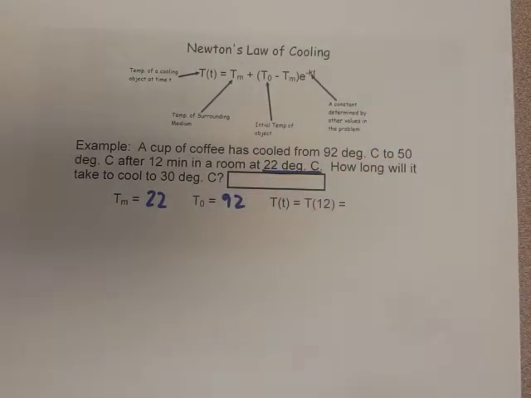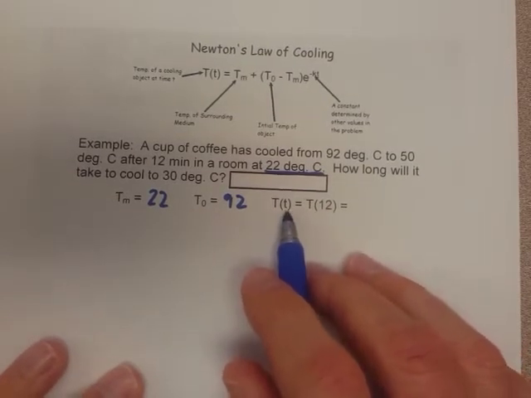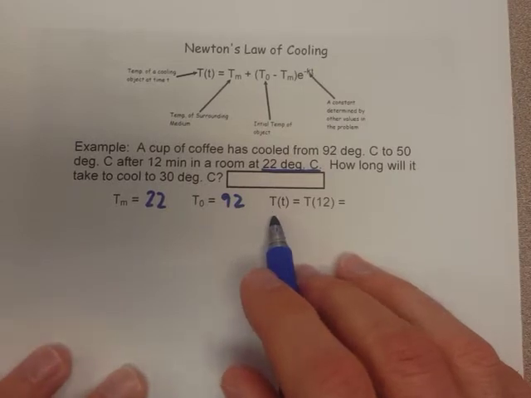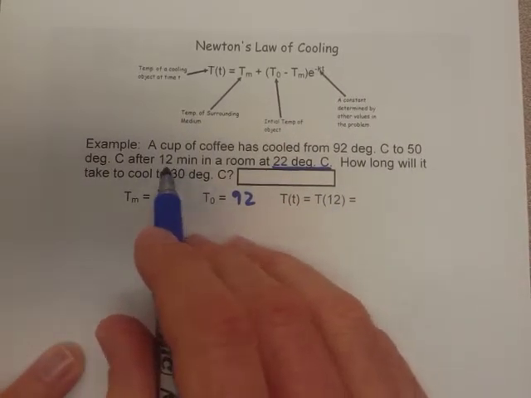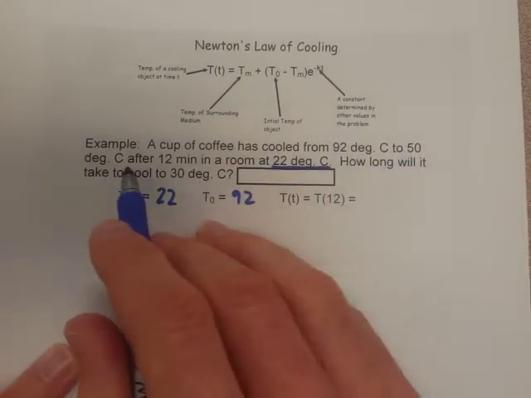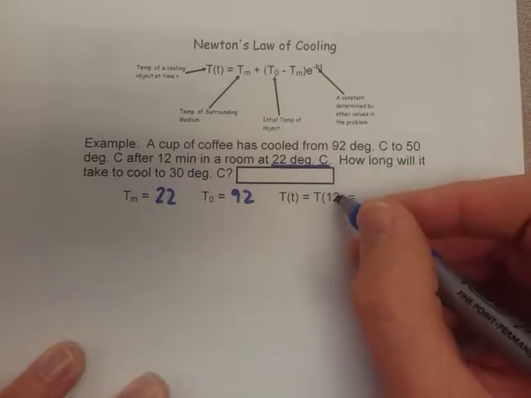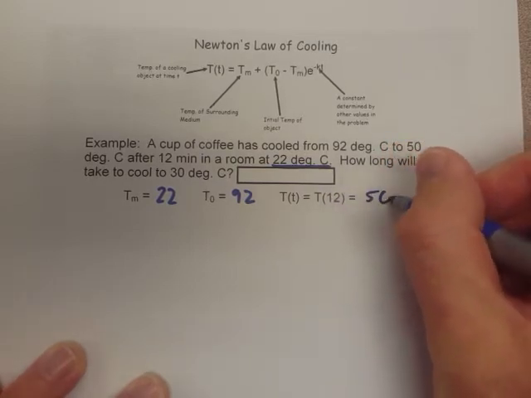And then the other one here is T of t. Now remember that T of t, I told you, is this temperature connected to a certain time, and so we have 12 minutes as our time, and it cools to 50 degrees Celsius after 12 minutes. So that means 12 is little t, big T is 50 in this case.